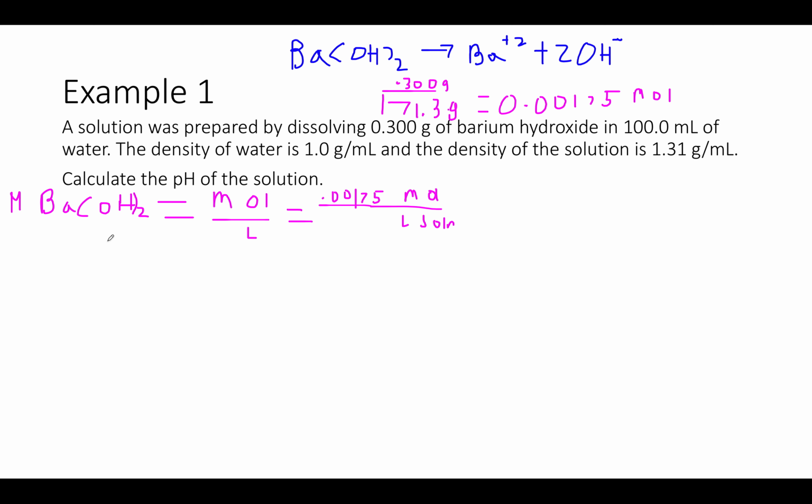So the total mass of solution would be the 100 mL of water plus the 0.3 grams. The density of water is 1, so we get 100.3 grams of solution.